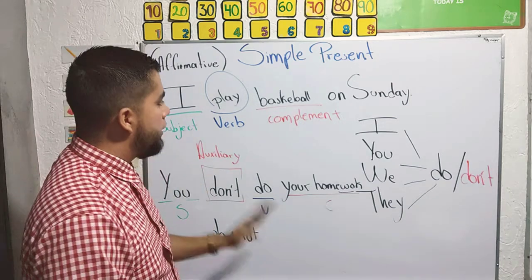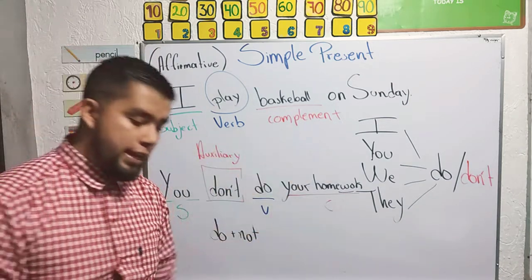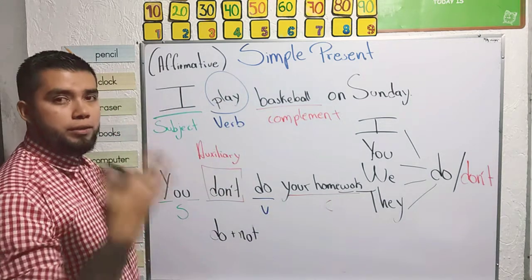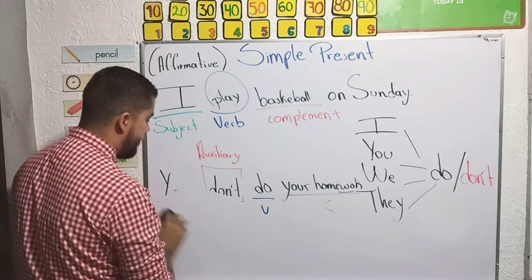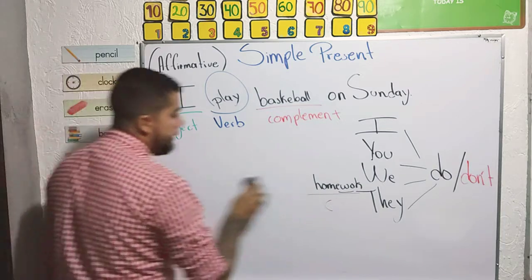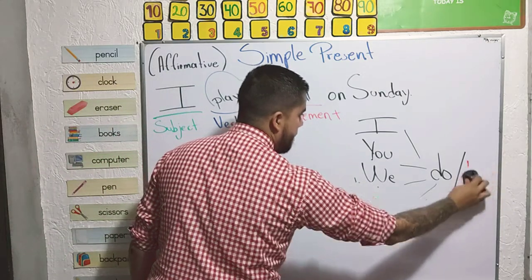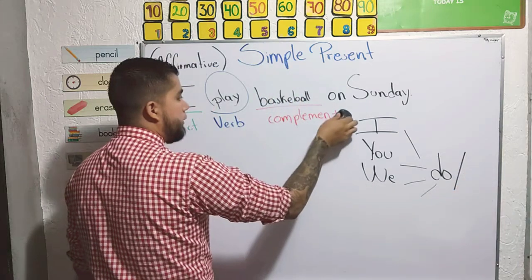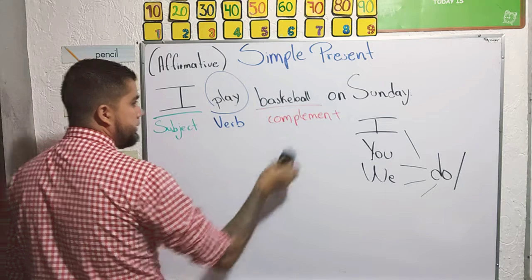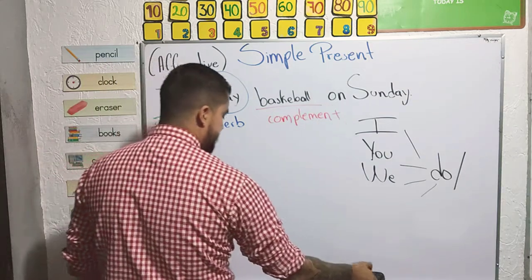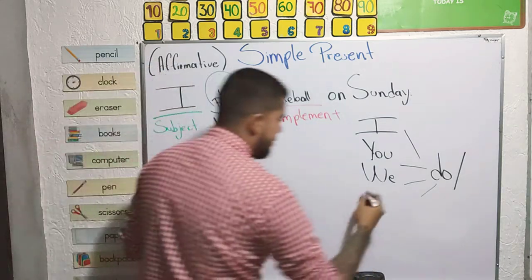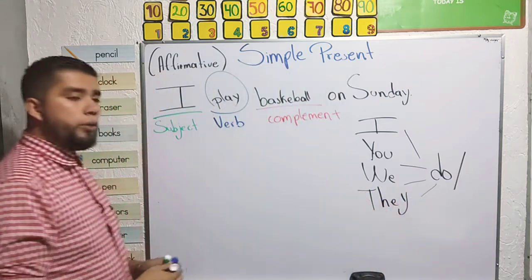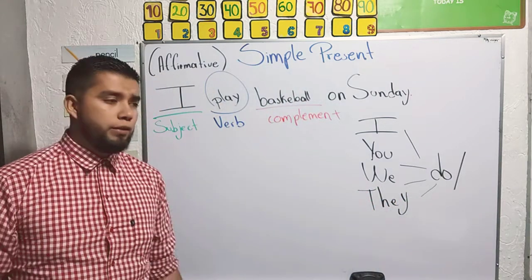Okay? Now, this is affirmative and negative form. Now, remember there is a third form. I'm going to leave it like this because it's easier like that. So what are we going to do for the interrogative form?